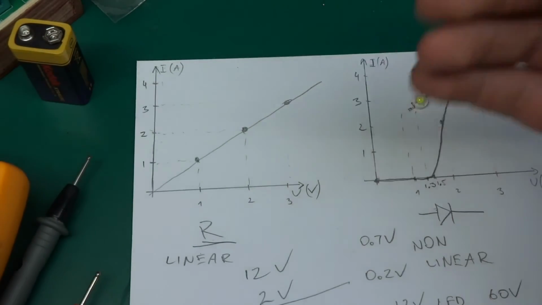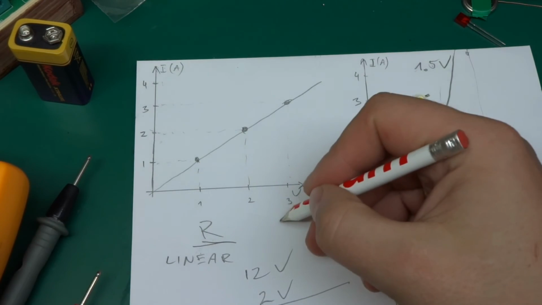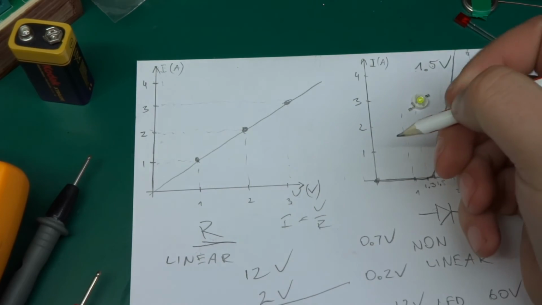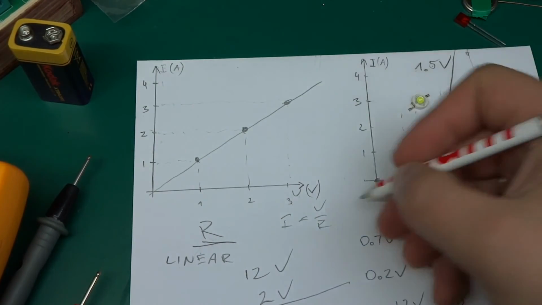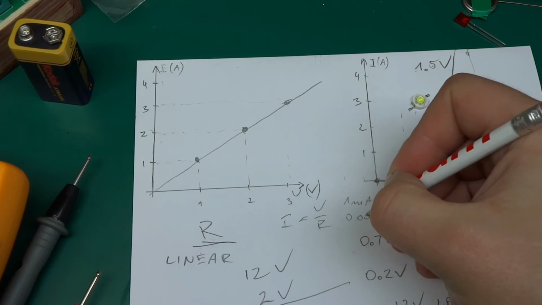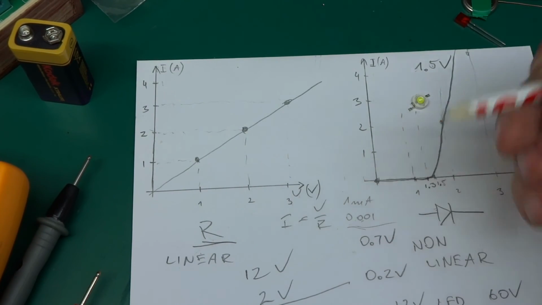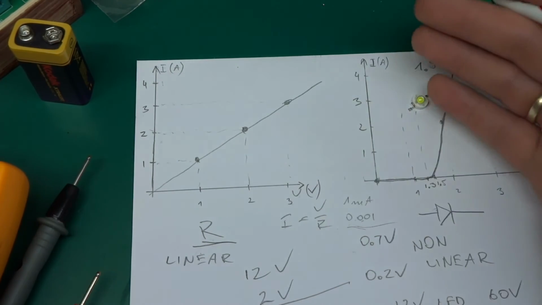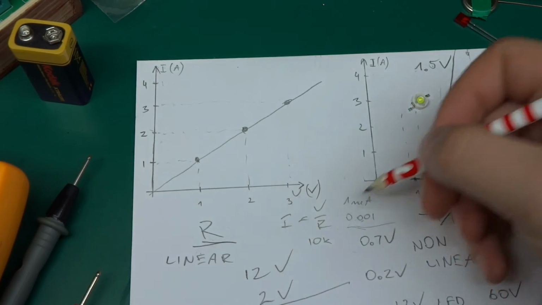That means you need a resistor in place, and the value, well, what's the current? I equals V over R, right? So with 10 volts, let's say you want to test it with maybe 1 milliamp. 1 volt over 1K gives 1 milliamp, so we've got 10 volts, we need a 10K resistor in order to get 1 milliamp out of it.